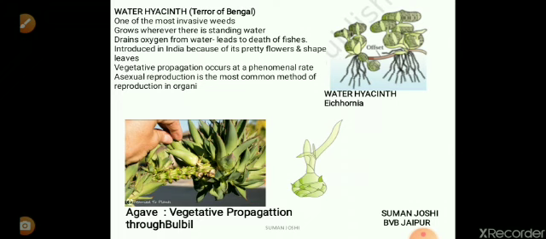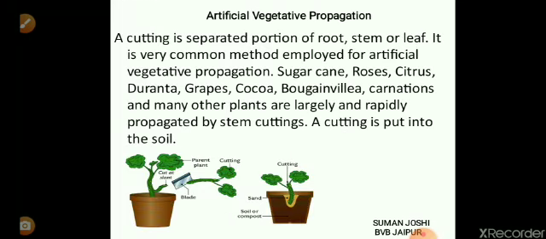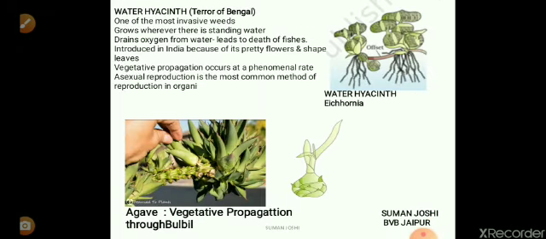Now here in this slide, besides this water hyacinth which grows vegetatively through offset, another special type of vegetative propagation is through bulbil. What is actually the bulbil? The bulbil is a large fleshy bud.